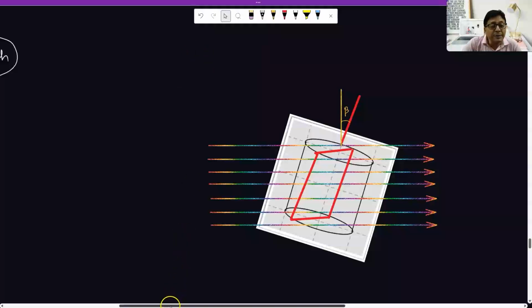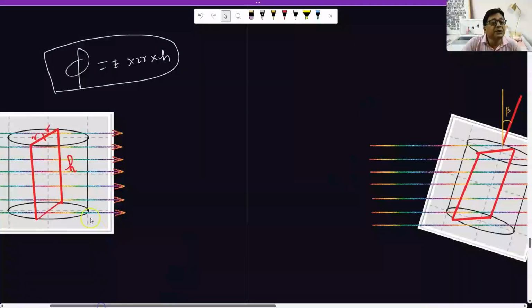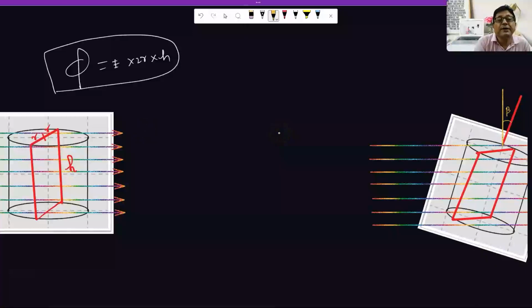If we go back to the previous sum, there was no flux linkage to the end caps. Why? Because the area vectors are perpendicular to the end caps. The area vector here, if you consider, this is the direction of the area vector. Okay, this is dS and this is the direction of the electric field. The angle between these two directions is 90 degrees, so no flux can pass through the end caps.